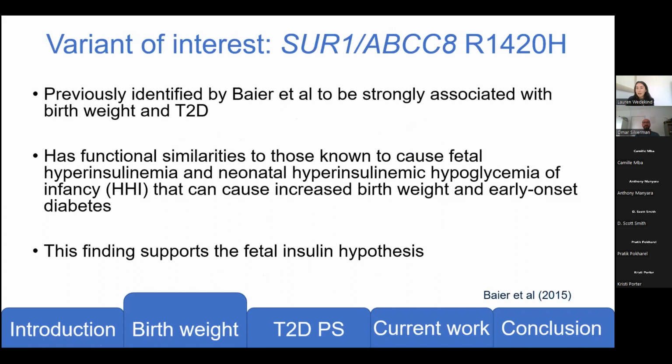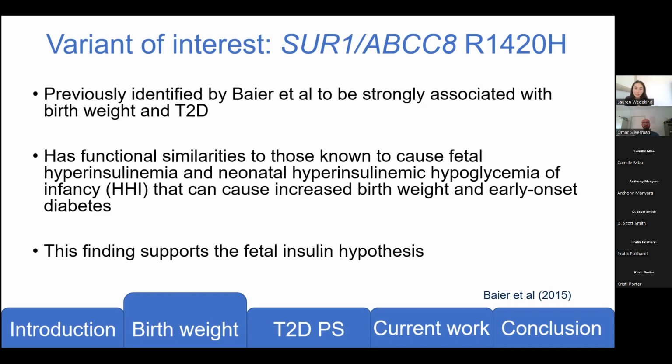So why is that important? While it wasn't shown to be genome-wide significant, it prompts future studies regarding this variant. I thought it was important to note because it has some similarities to other variants that are known to cause a condition called fetal hyperinsulinemia, and also another one called neonatal hyperinsulinemic hypoglycemia of infancy.